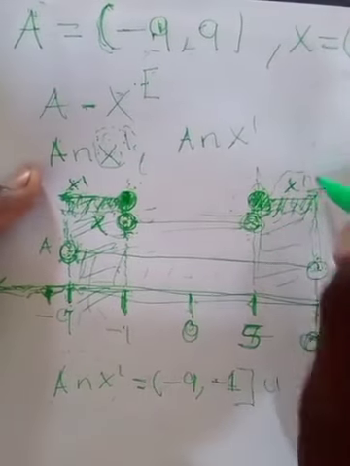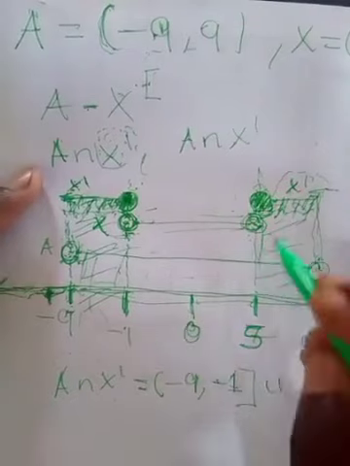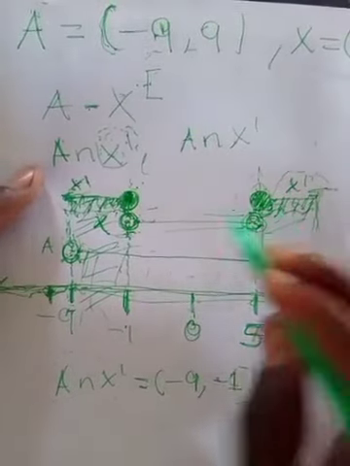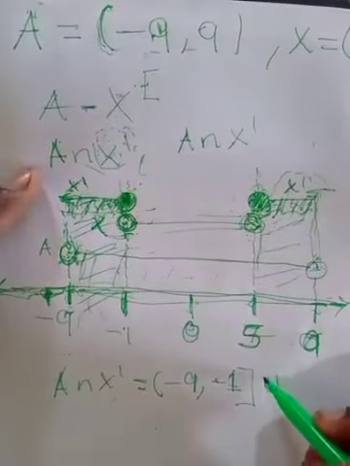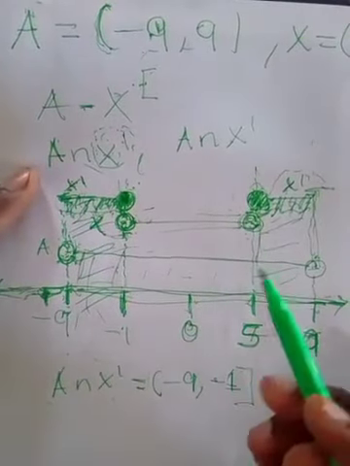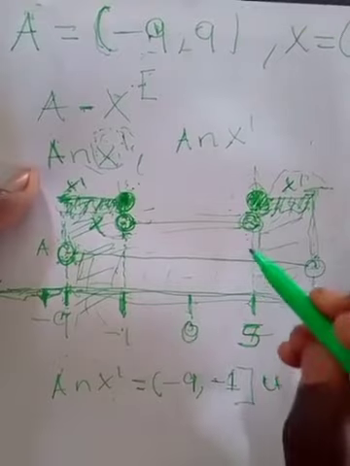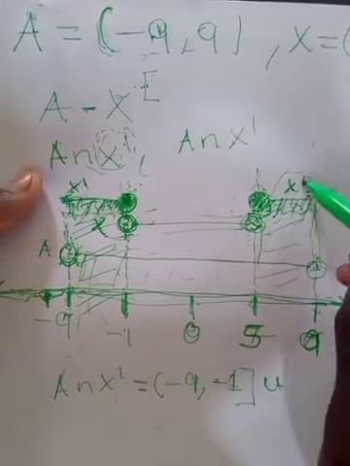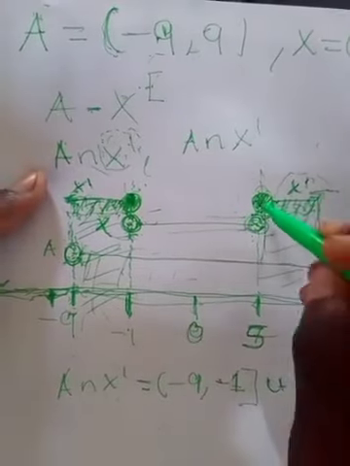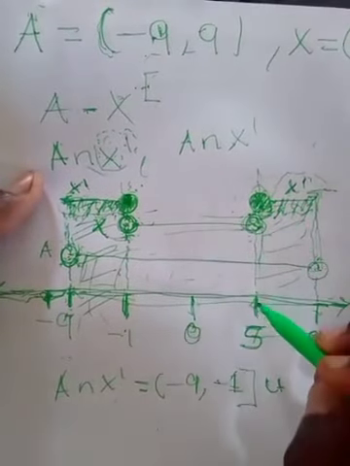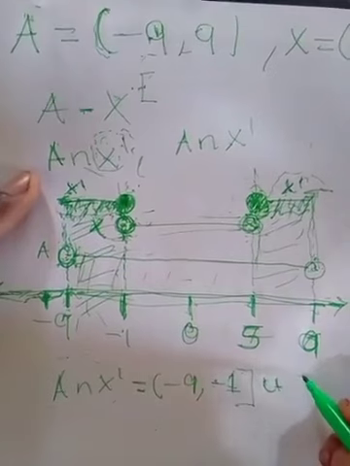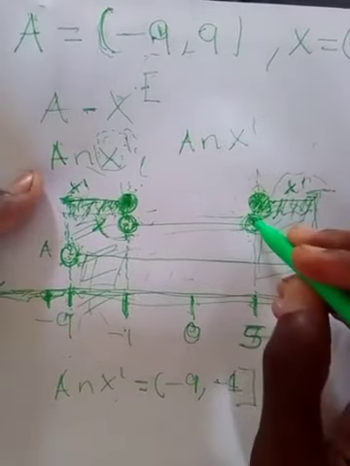How can I describe this region? Apart from the first region, you are combining them, putting them together. So how can you describe this region? It is starting from 5, right? So you're going to say 5.